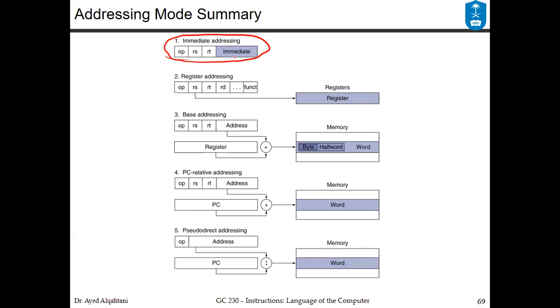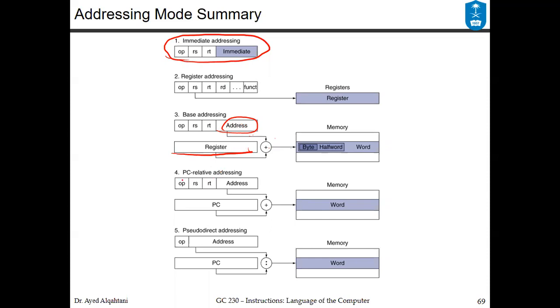We also used the base addressing, meaning that we have a base register and we take the offset or the displacement or the constant, the immediate value, and we add it to the base register to access the memory. And we use this when we talked about the load and store.